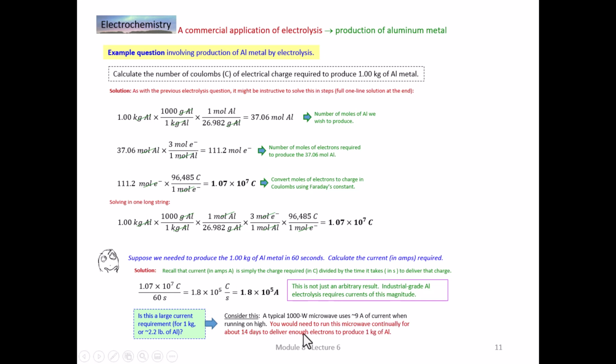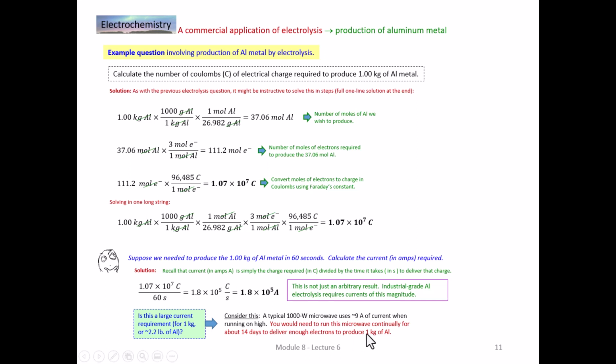You would need to run this microwave continually for about 14 days without ever turning it off to deliver enough electrons to produce 1 kilogram of aluminum. So again, you'd have to run your 1000 watt microwave on high for 14 days straight without ever turning it off to move enough electrons to produce 1 kilogram, which is a little over 2 pounds of aluminum.